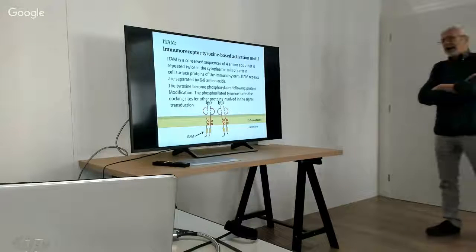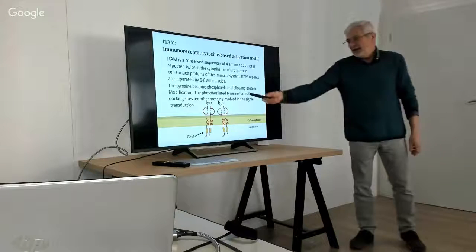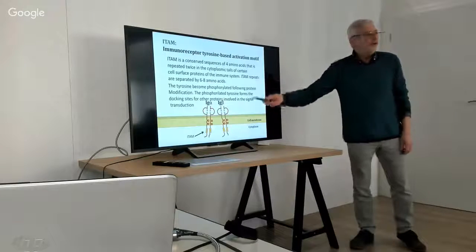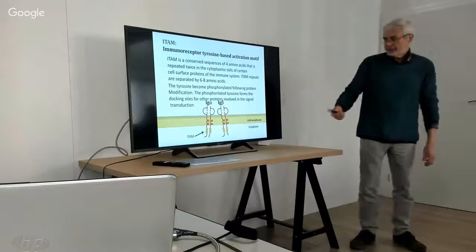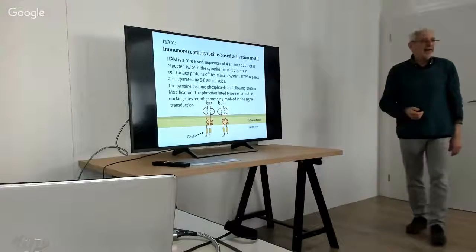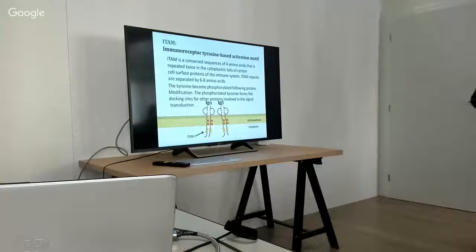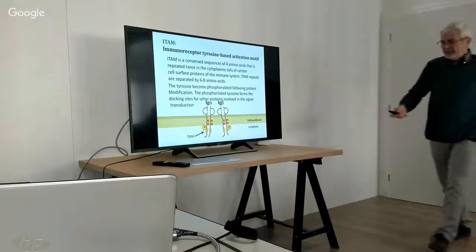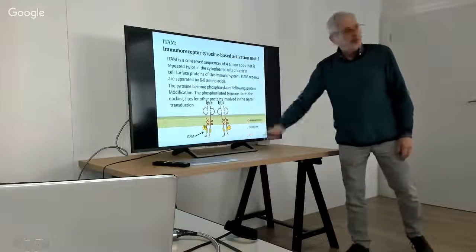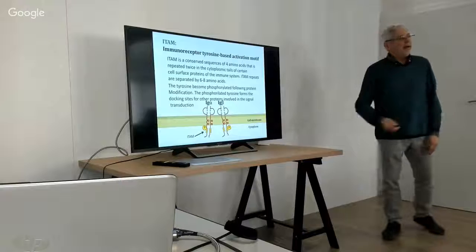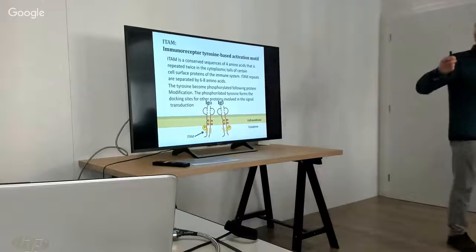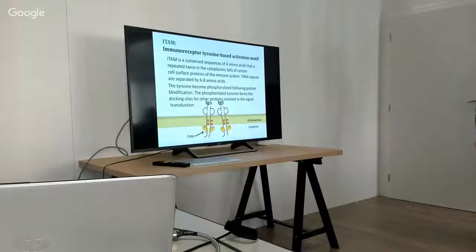The phosphorylated tyrosine forms the docking site for other proteins involved in the signal transduction, exactly as we saw with the CD3 and the zeta chain of the TCR. So once the immunoglobulin interacts with the antigen, they perceive the interaction, they become phosphorylated, and this becomes the docking site for the transduction of the signal.